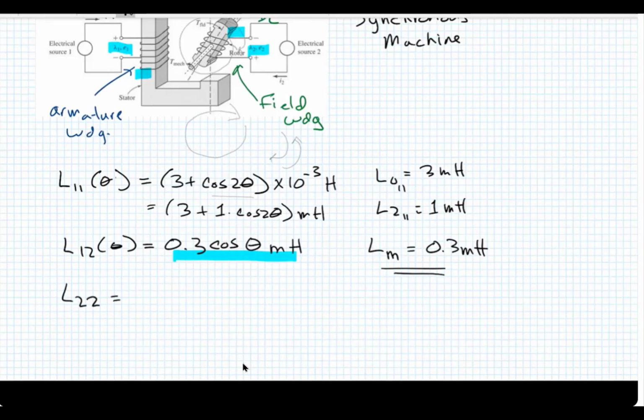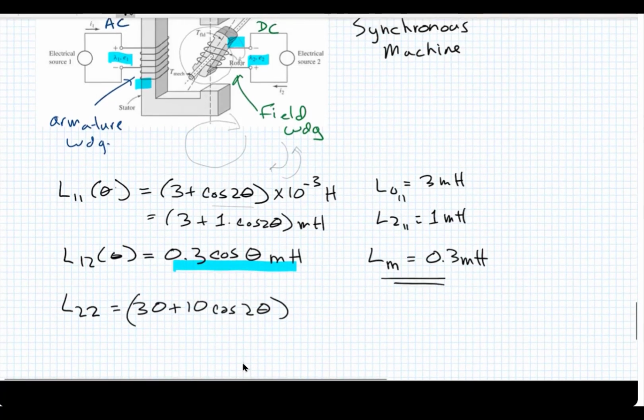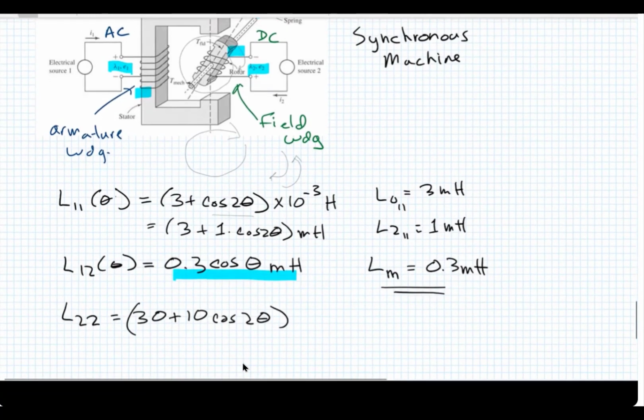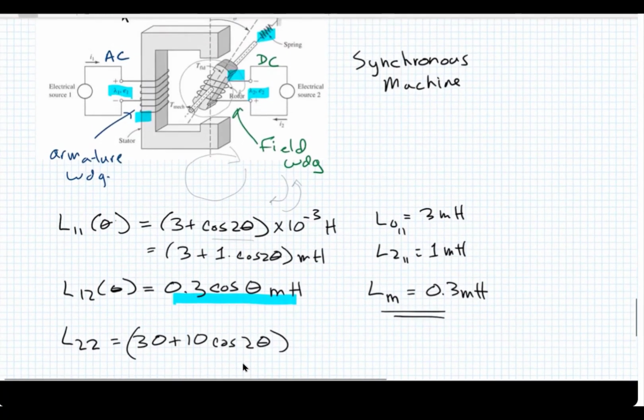In this case, it's such a weird structure, but it's 30 plus 10 cosine 2 theta, probably because the winding on the field has a lot of turns, which is typically true of field windings, and you typically have fewer turns on your armature winding.